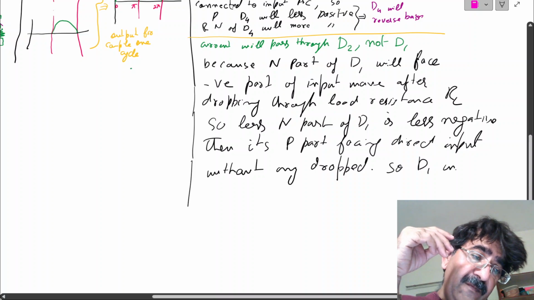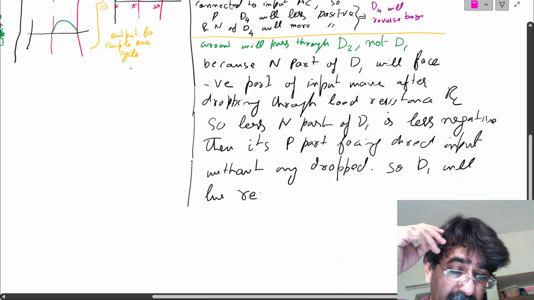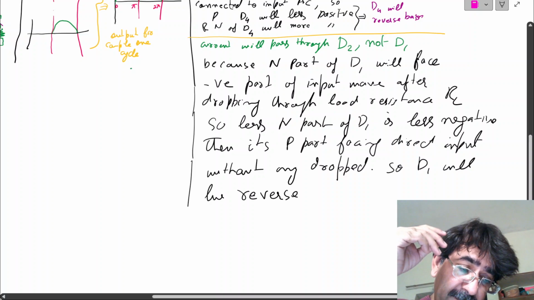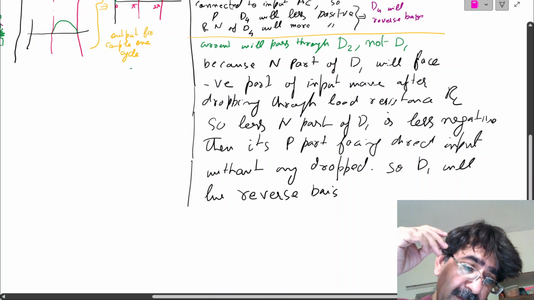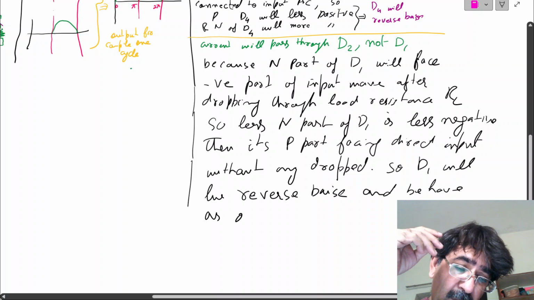Because its N part is less negative and its P part is more negative, D1 will be reverse biased and behave like an open circuit.